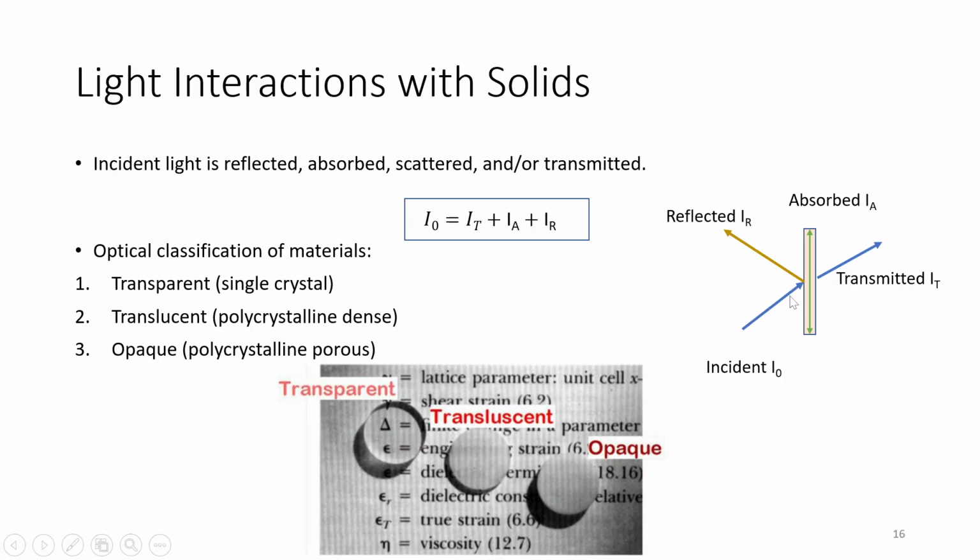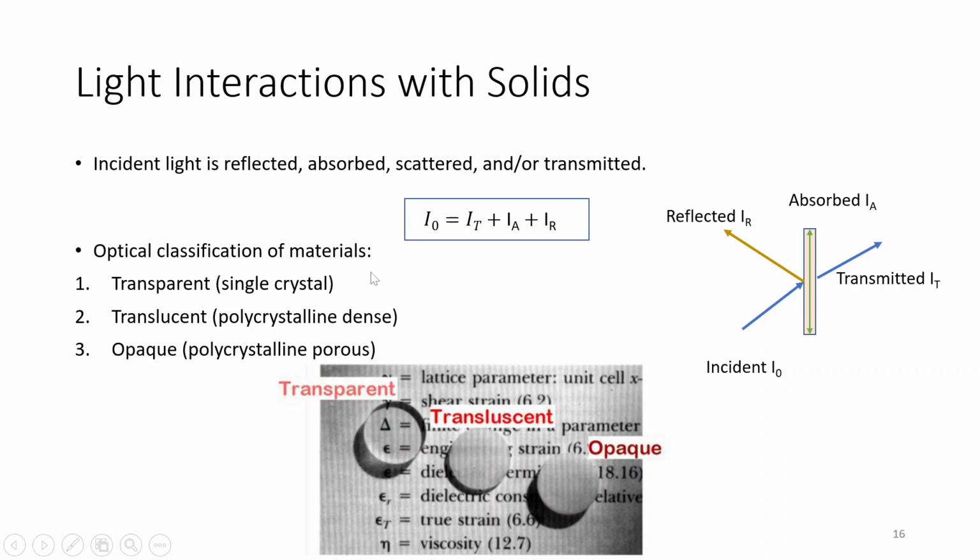So incident I naught will be converted into 3 parts. Firstly it will transmit, some part will be absorbed in this particular material, and some part will be reflected. So IR is reflected, absorbed is IA, transmitted is IT. So these 3 combined energy will be equal to the incident energy.